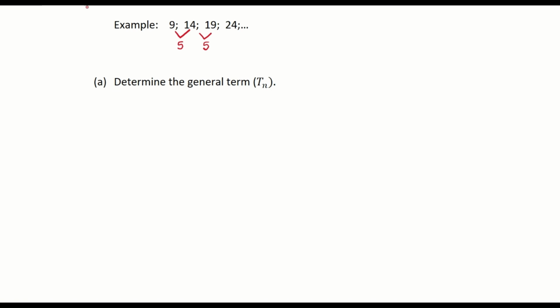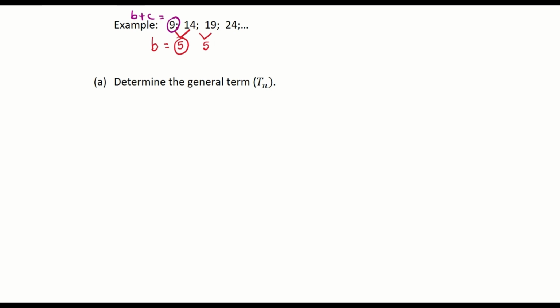And remember what we said represented the constant difference in the general term. That was B. So B is equal to 5. So the next thing we need is B plus C. And we said earlier that B plus C is equal to your first term, which is 9.